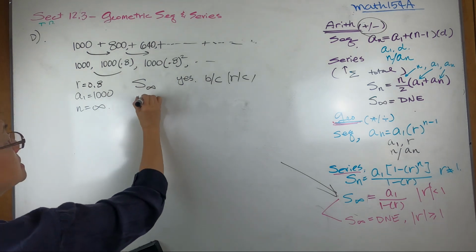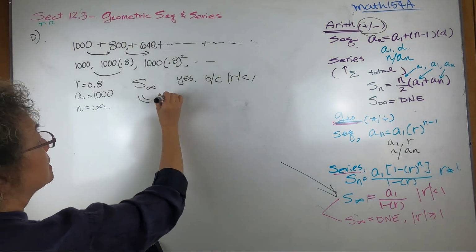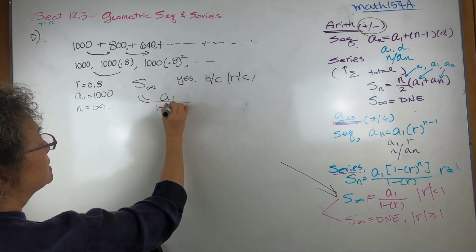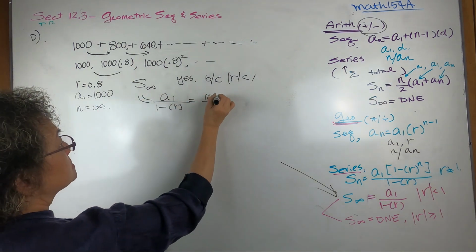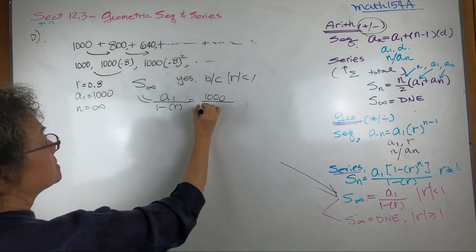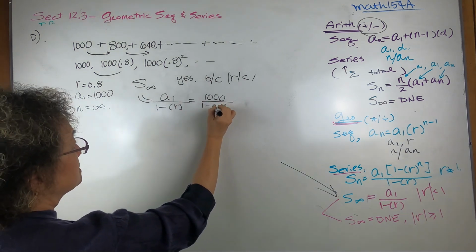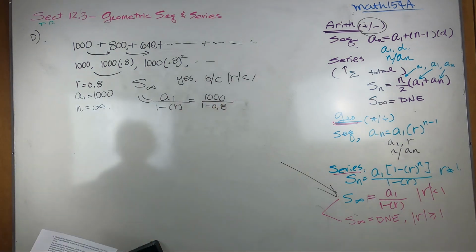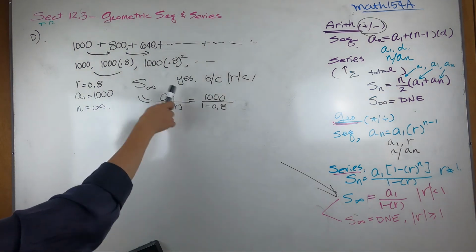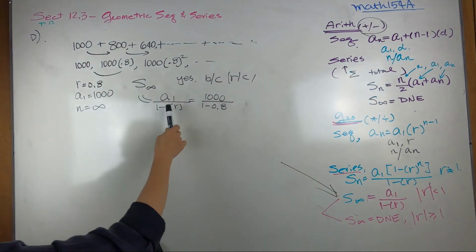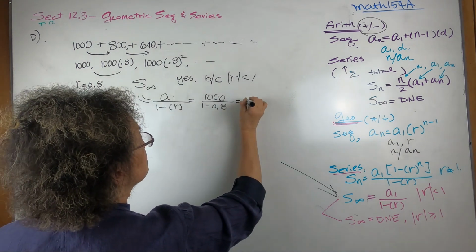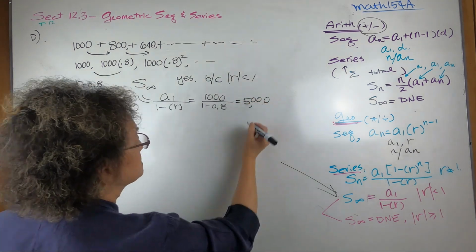Okay, so this formula is A1 over 1 minus R. A1 is 1,000. R is 0.8. Doing that is relatively simple, right? But the thinking behind it is not that straightforward. We have to talk about everything until we get to this point. Actually, it's $5,000.